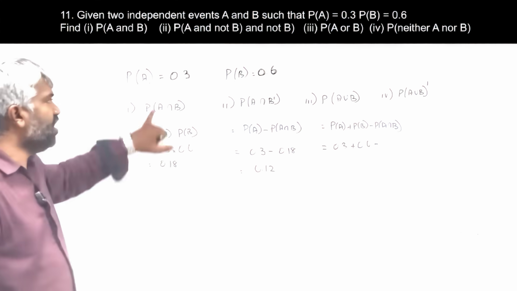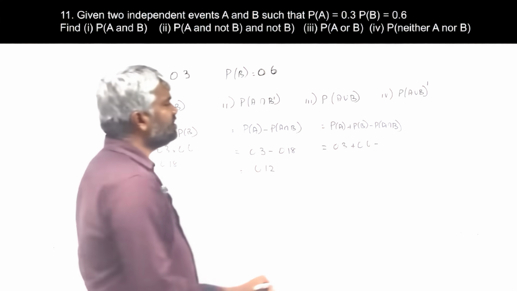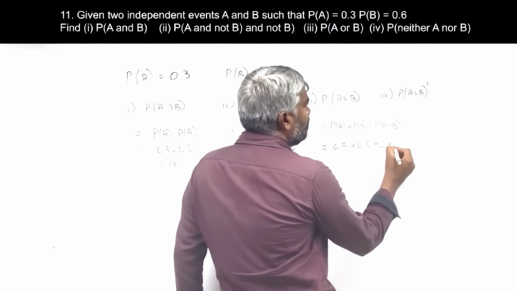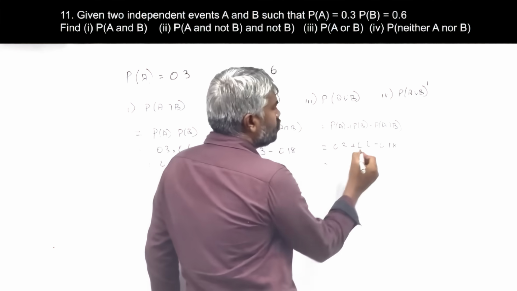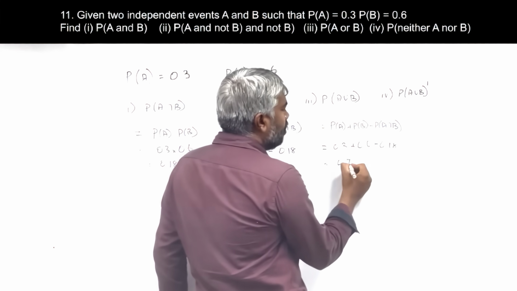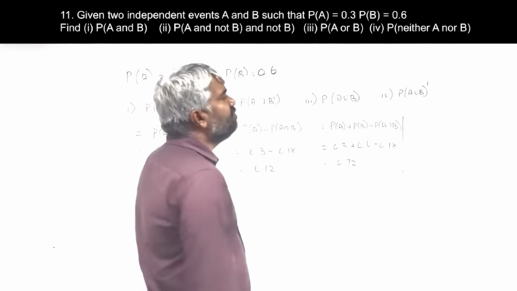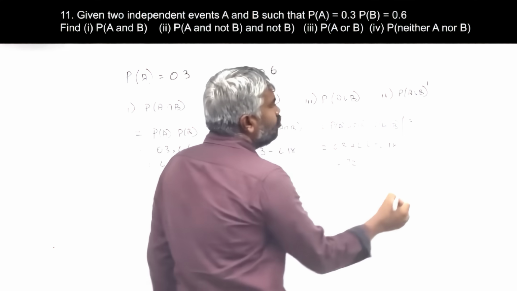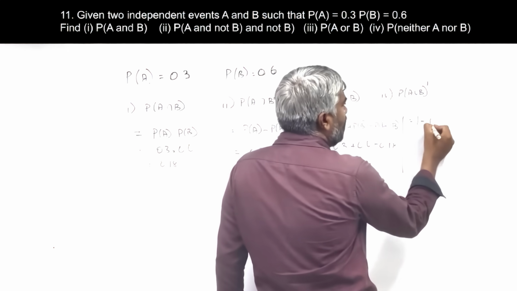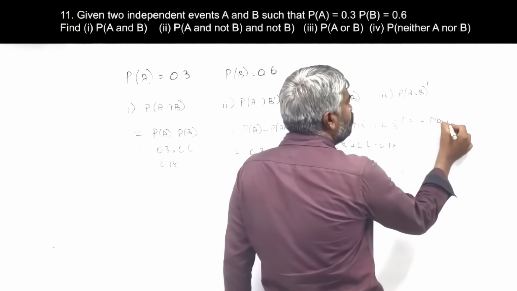What is intersection over here, which we have already derived as 0.18, right? So if you solve, you will get 0.72, right?